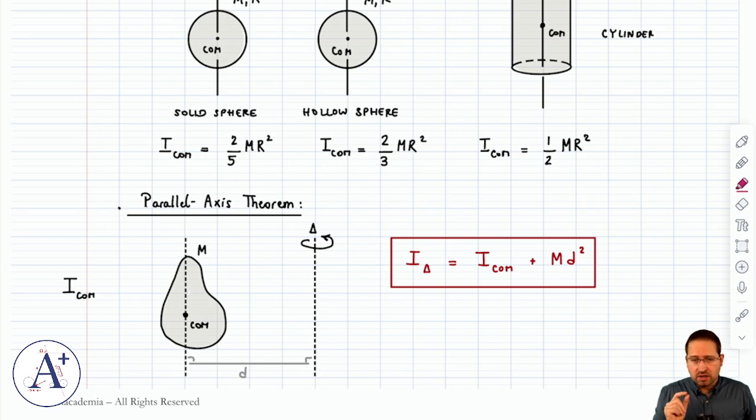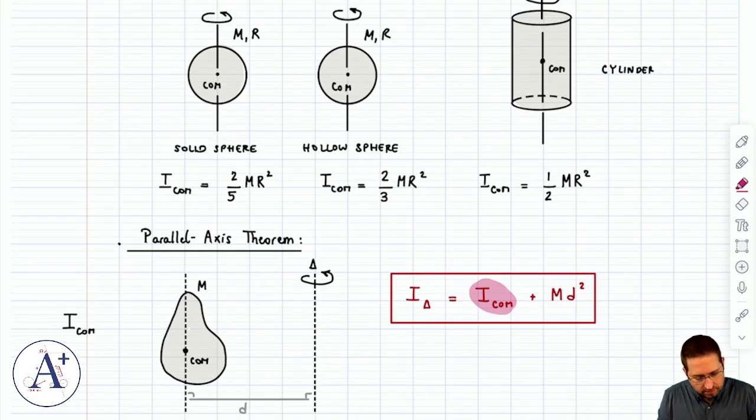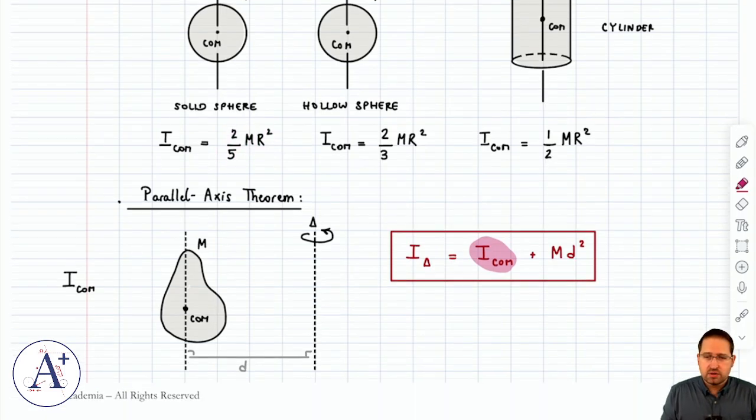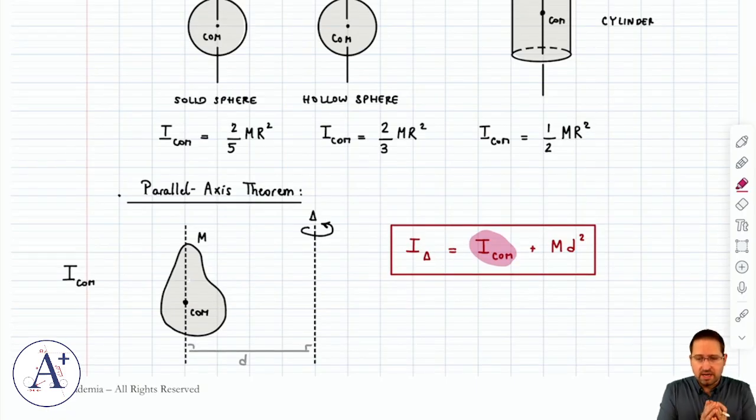Now it's a very interesting theorem because I center of mass accounts for the mass and the shape of Mr. Potato Head. Just like up here, I center of mass accounts for the mass and the shape, the radius, of the solid sphere. So the shape of Mr. Potato Head is accounted for in I center of mass.